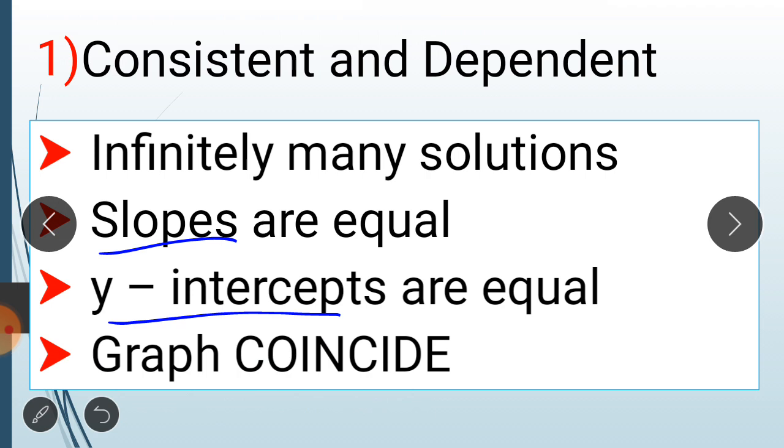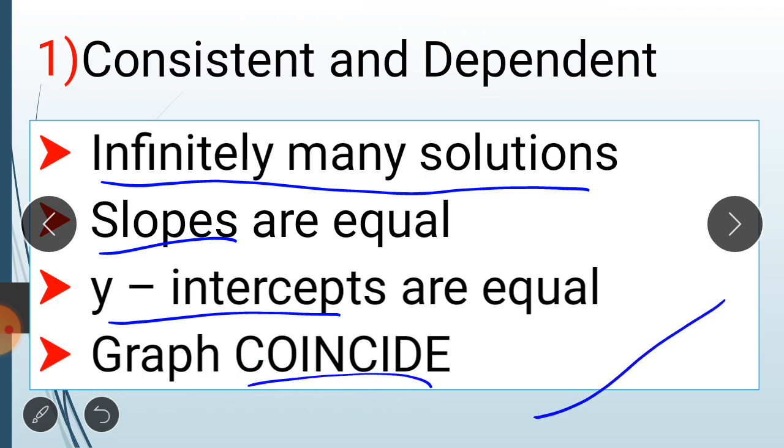Okay, so when you say consistent and dependent, infinitely many solutions. As you all know, the graph of systems of linear equations are 2 lines. So when you say coincide, it means that they share the same 2 lines that look like one, combined together as if they are just one straight line.